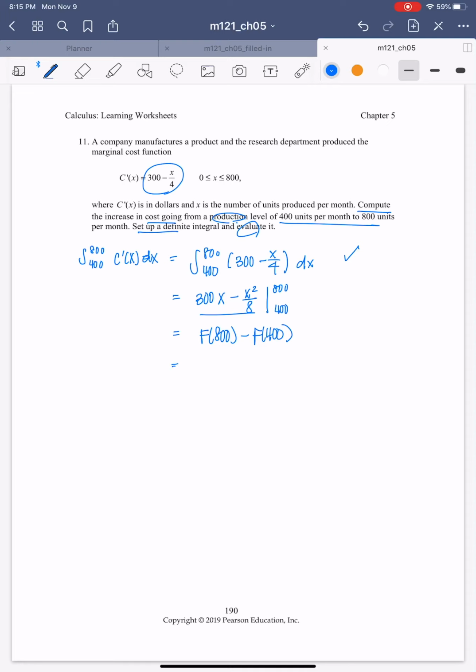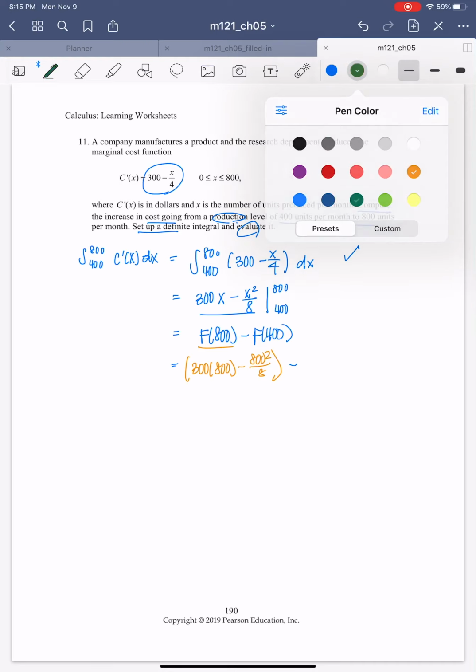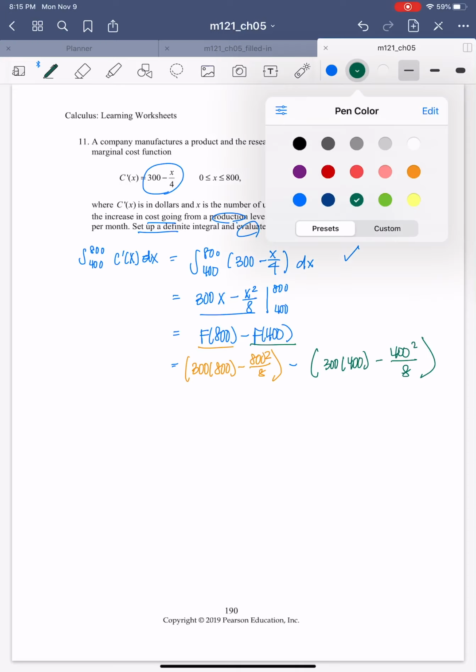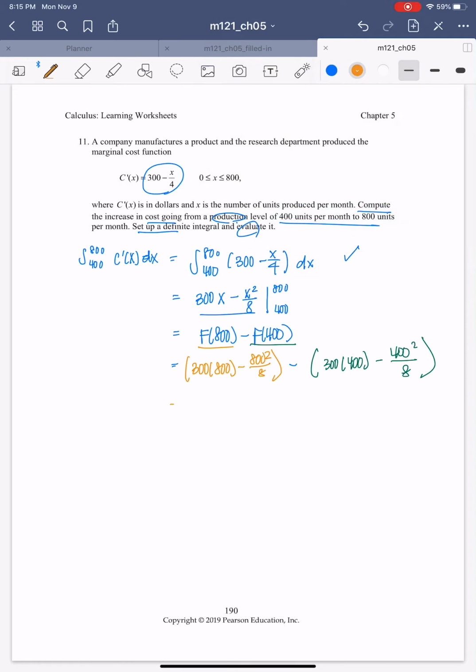So let's do that. I'll use a color code. So first one, 300 times 800 minus 800 squared over 8. Subtract, let's do green, the 400 will be 300 times 400 minus 400 squared divided by 8. And all I have to do is just simplify.